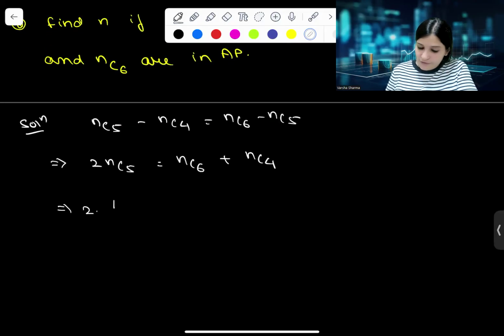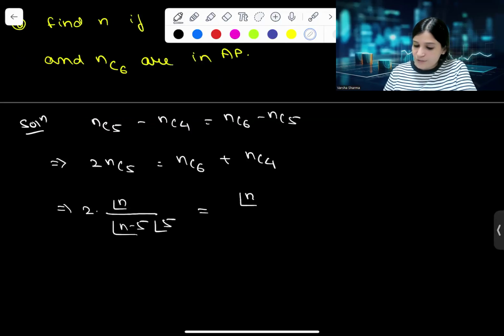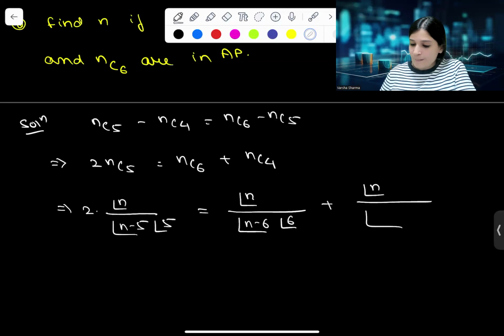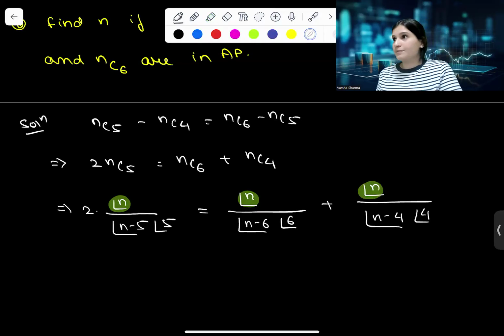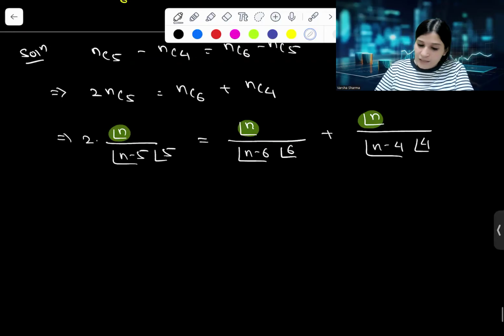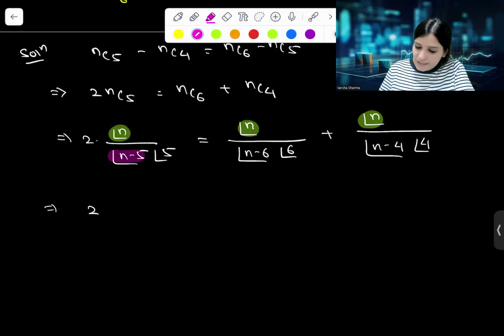So twice factorial n over factorial n minus 5, factorial 5, equals factorial n over factorial n minus 6, factorial 6, plus factorial n over factorial n minus 4, factorial 4. From the numerator, I can take factorial n common and cancel out from all the three terms. In the denominator, we have n minus 5, n minus 6, n minus 4.